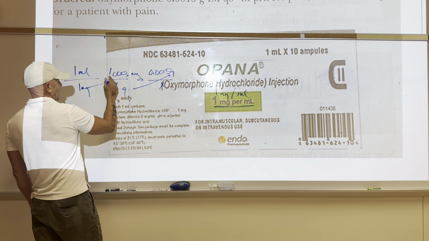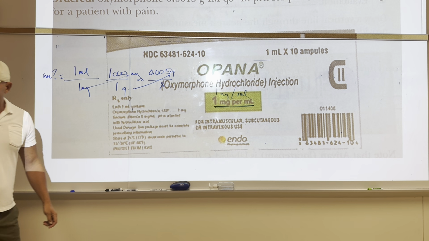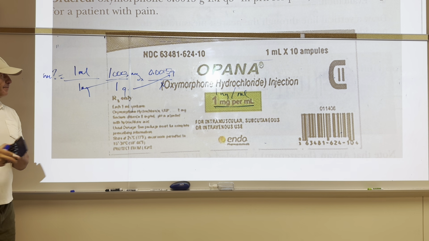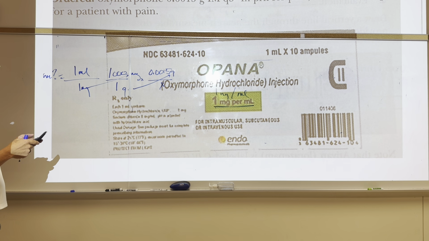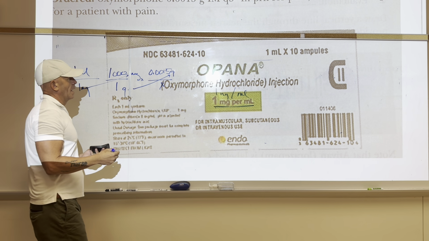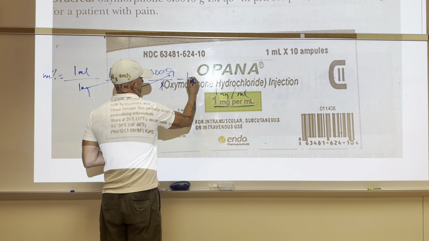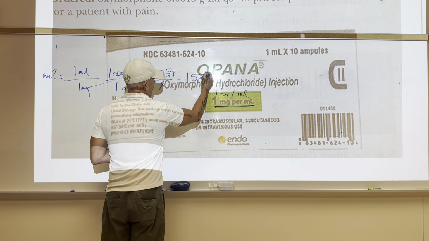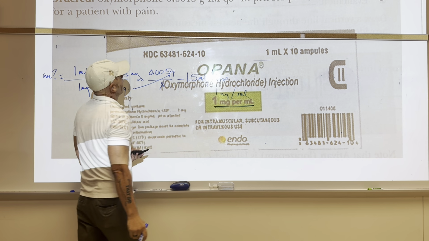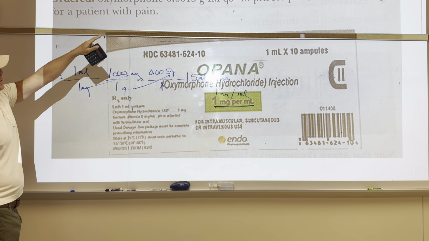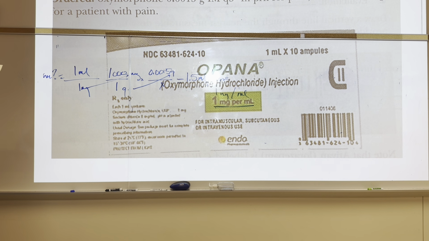Then we have 1,000 times 0.0015. So what do we got? 1.5 mLs per dose.